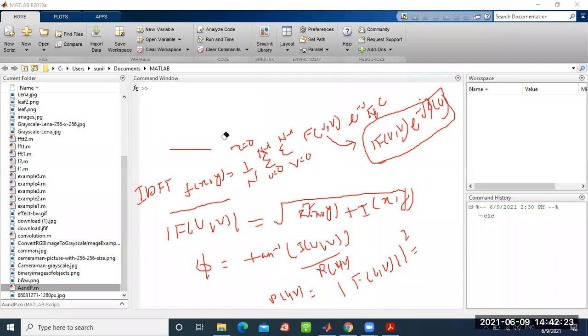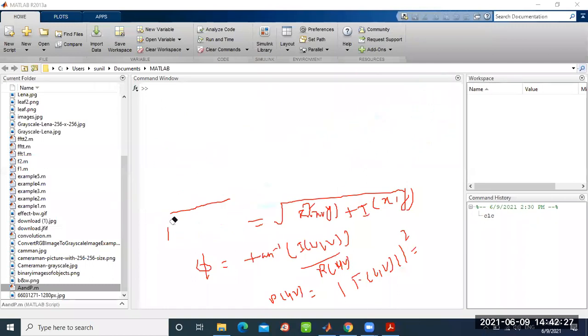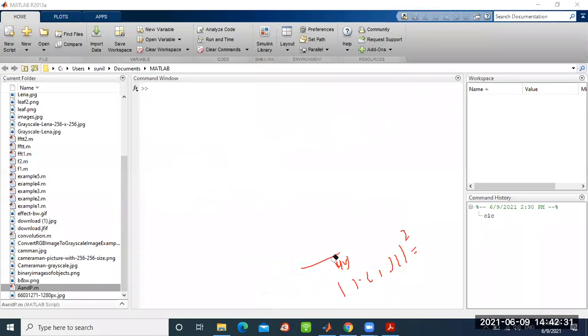Fine. So let me write an example of how we can use this formula while converting images to a different domain.